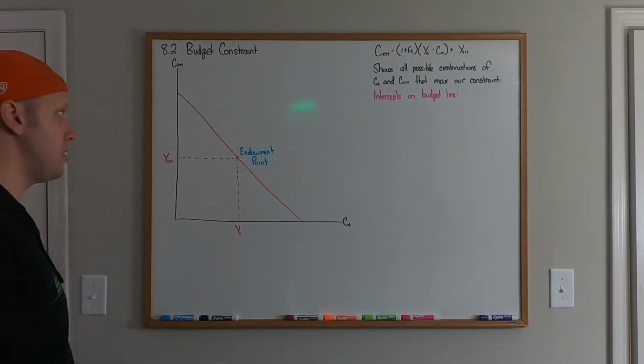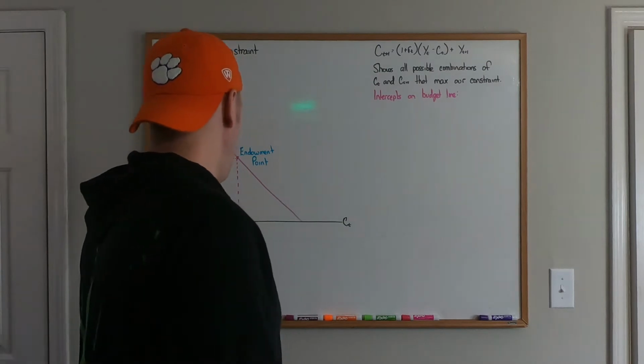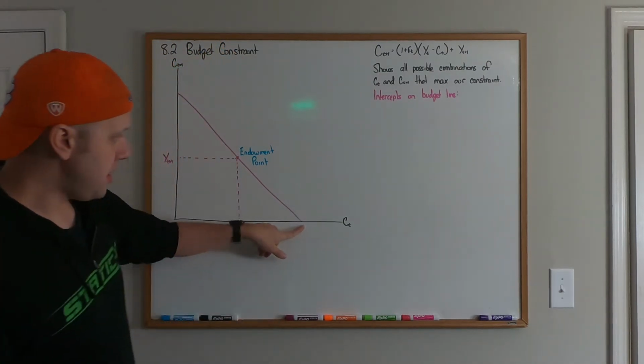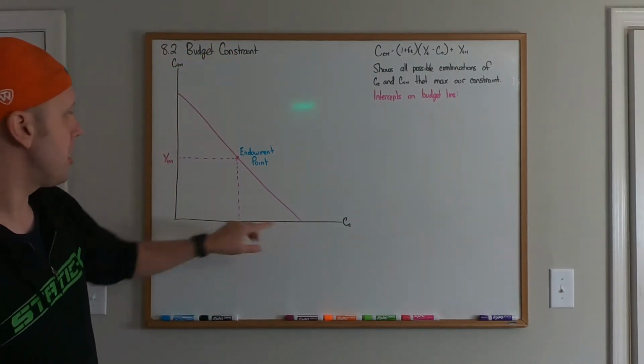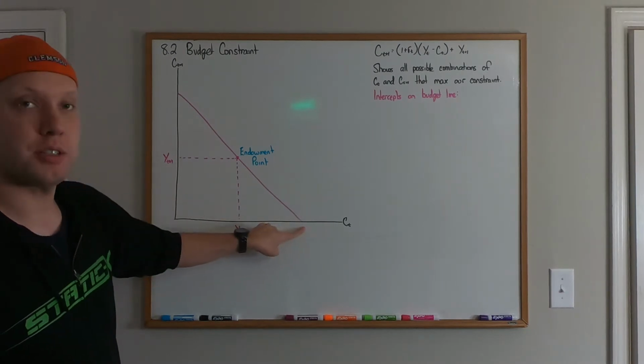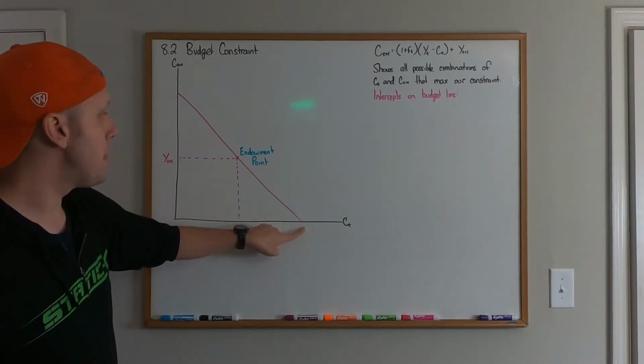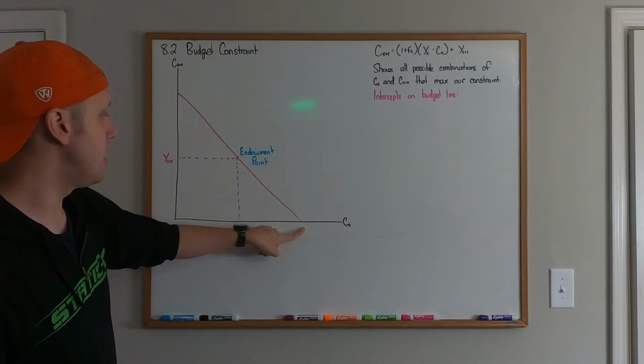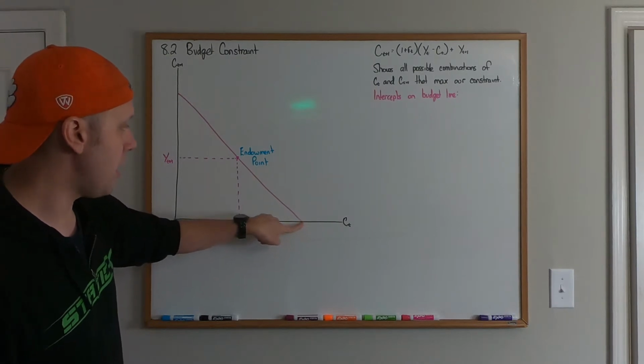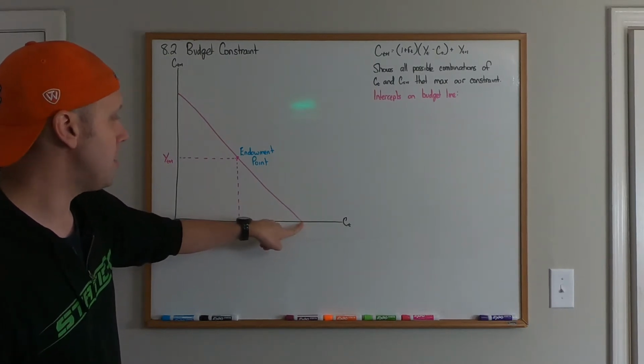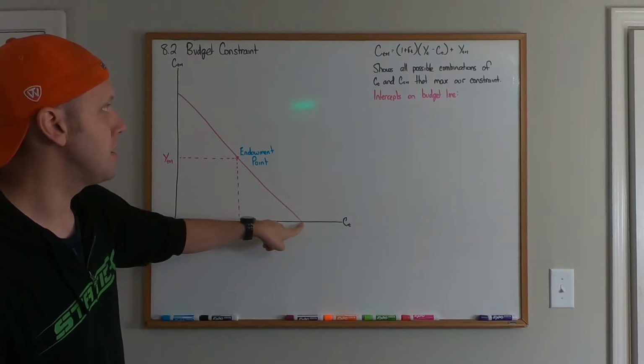So what are these intercepts going to be? If we look at the CT intercept, or if we think about this in XY space, it would be the x-intercept. Intuitively, what does that tell us? What's going on at this point where the budget line crosses the CT axis?